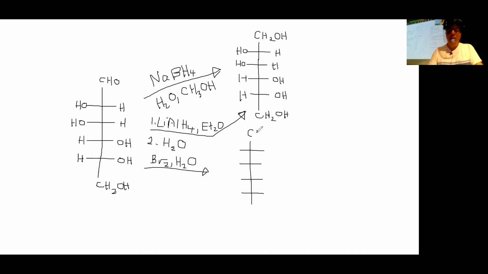This will oxidize only the primary alcohol at the top of the molecule. Do we need any catalyst? No, I don't think so, not typically for Williamson ether synthesis. But aqueous bromine will give you this oxidized compound such that we've only oxidized the aldehyde functional group to a carboxylic acid.